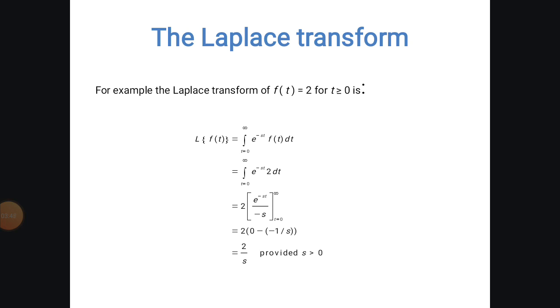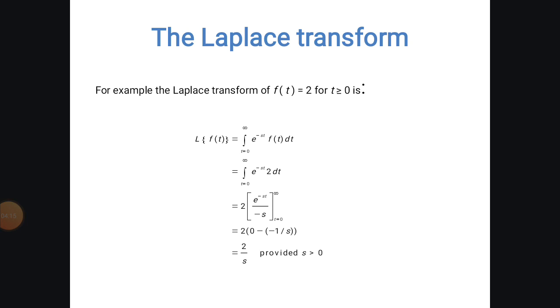Then if we put the upper limit infinity, e raised to minus infinity will be 1 upon e raised to infinity, that is 1 upon infinity, and 1 upon infinity is 0. So the upper limit gives 0, and if we put t equal to 0, then e raised to 0 will be 1.